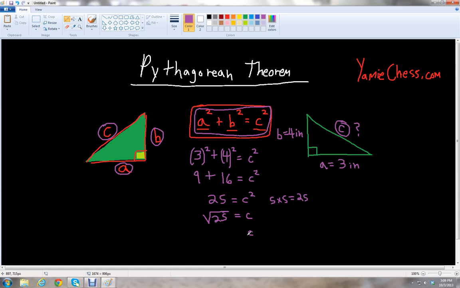So C equals 5 inches. That's our units: 5 inches for the hypotenuse. This is what we call a 3, 4, 5 right triangle.